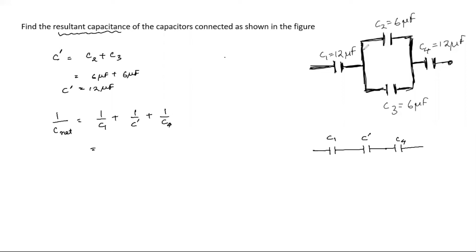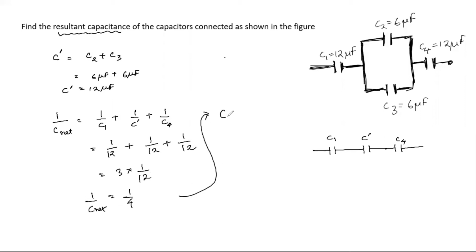The C1 value is known to us, it is 1 by 12 microfarad, C dash is 1 by 12 microfarad, and C4 is again 1 by 12 microfarad. So 3 multiplied by 1 by 12 microfarad is 1 by 4 microfarad, right? So that is our 1 by C net. If you take the reciprocal, you will get around 4 microfarad. So this is how we can solve such an arrangement.